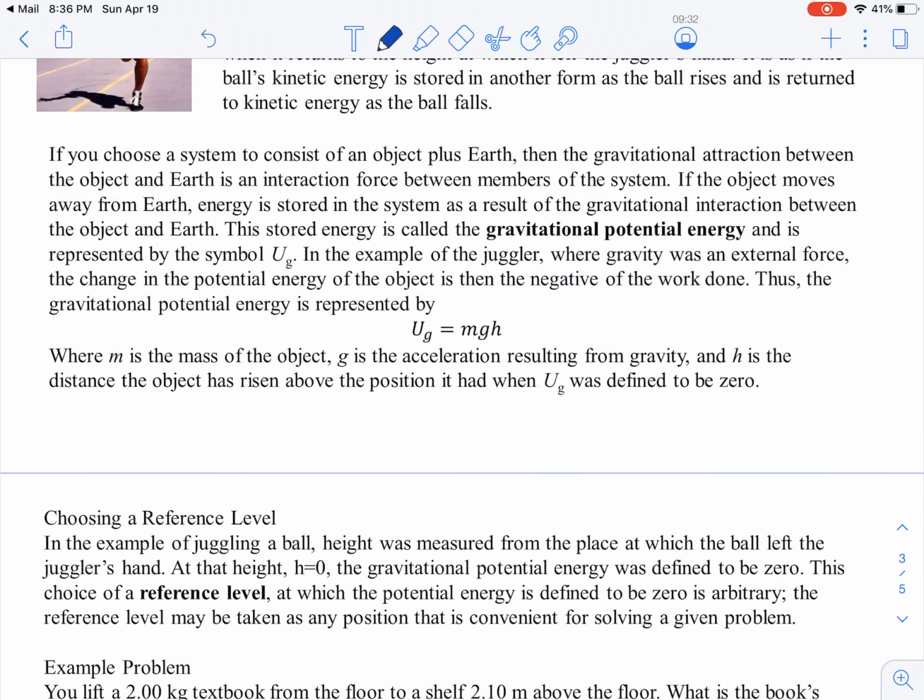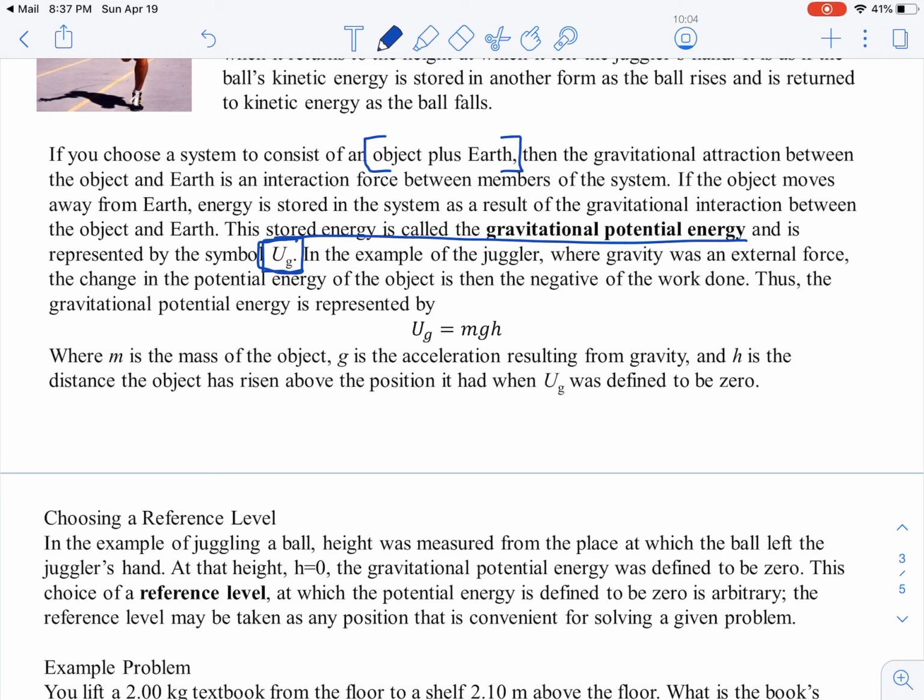If you choose a system to consist of an object plus the Earth, so we've expanded our system, then the gravitational attraction between the object and Earth is an interaction force between members of the system. If the object moves away from Earth, energy is stored in the system as a result of the gravitational interaction between the object and Earth. This stored energy is called the gravitational potential energy and is represented by U with a little g.